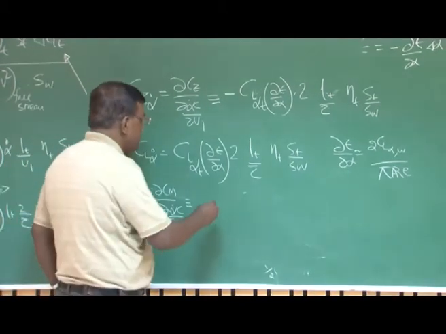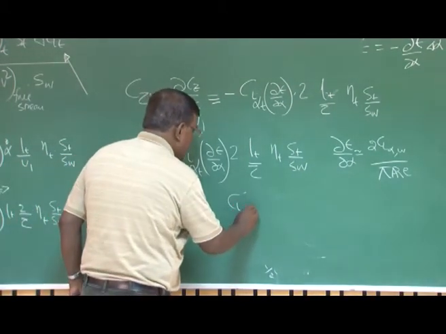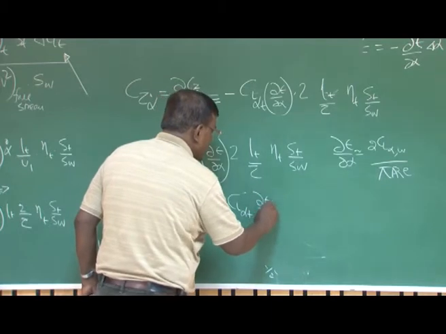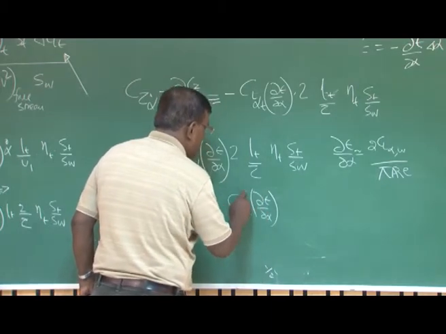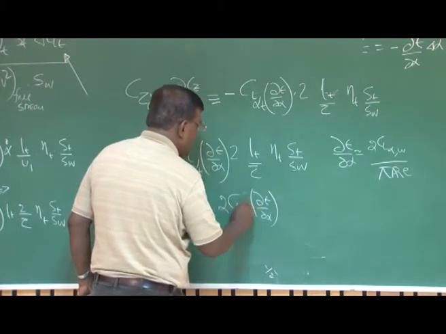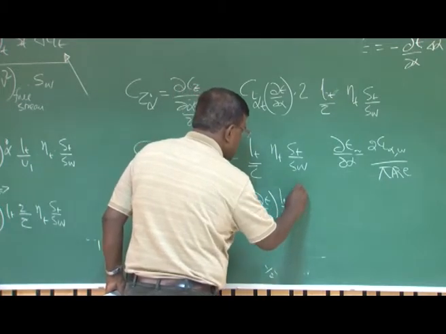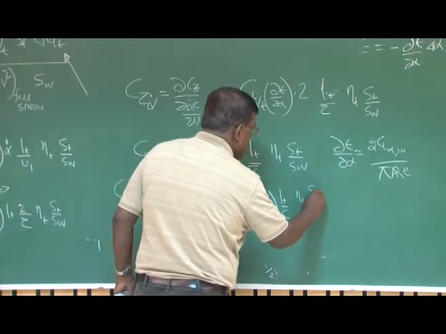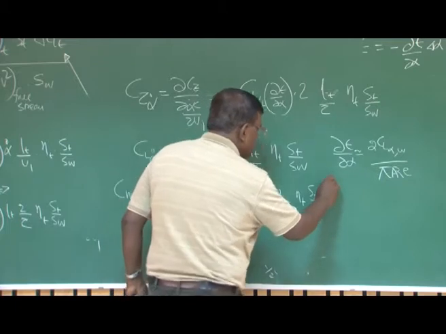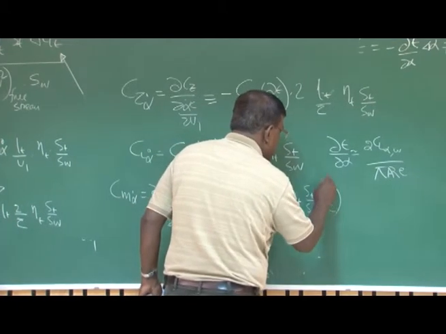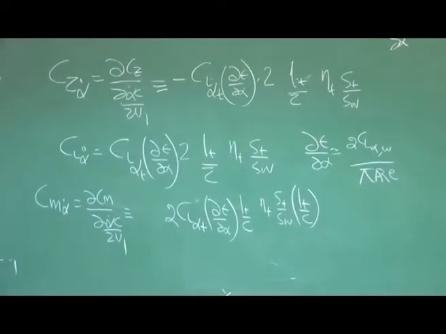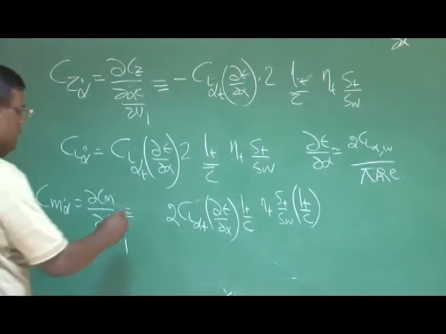So, I will write this is CL alpha tail d epsilon by d alpha, 2 I put here, LT by C eta T ST by SW into LT by C. And we have to put a minus sign here.